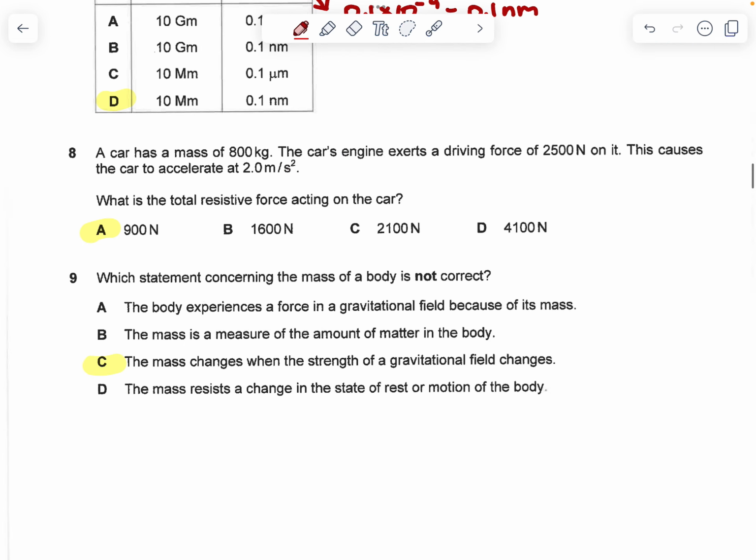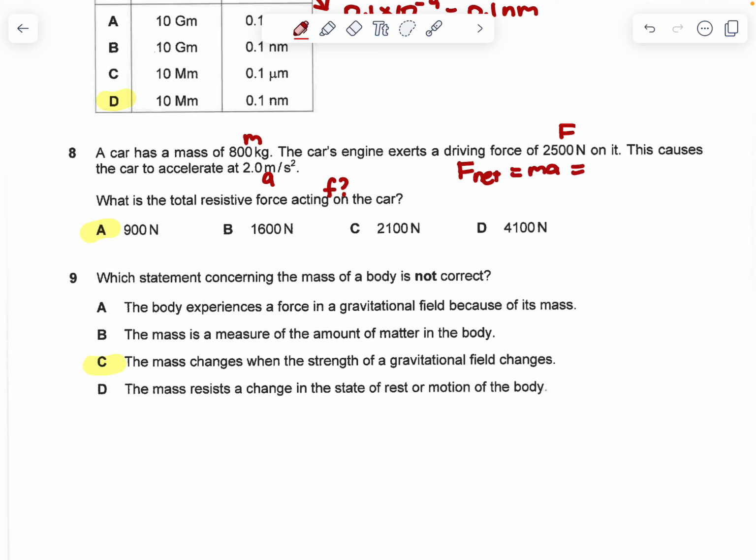Question 8. A car has a mass of 800 kg, so m. The car engine exerts a driving force of 2.5 kilonewtons. This causes the car to accelerate at 2 meters per second squared, a. What is the resistive force acting on the car? We know the formula, F net equals ma.